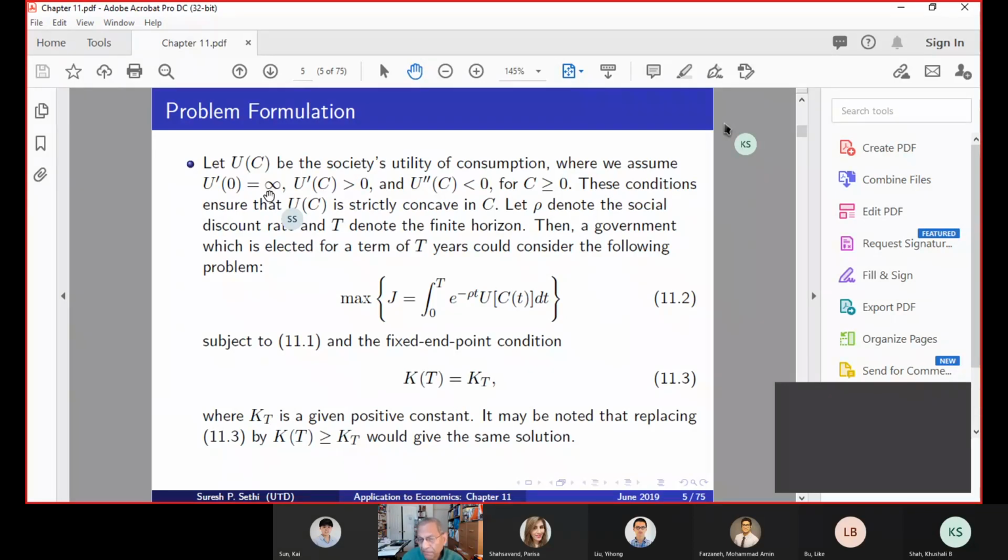So if you're starving, with no output, and somebody gives you a piece of bread, you get a huge utility out of that. You may actually live instead of die. So that's what it means. This also means that consumption will never be 0. So an optimal control will always keep the consumption bigger than 0. Bigger than 0 doesn't mean much bigger than 0. It simply means that it will not be 0.